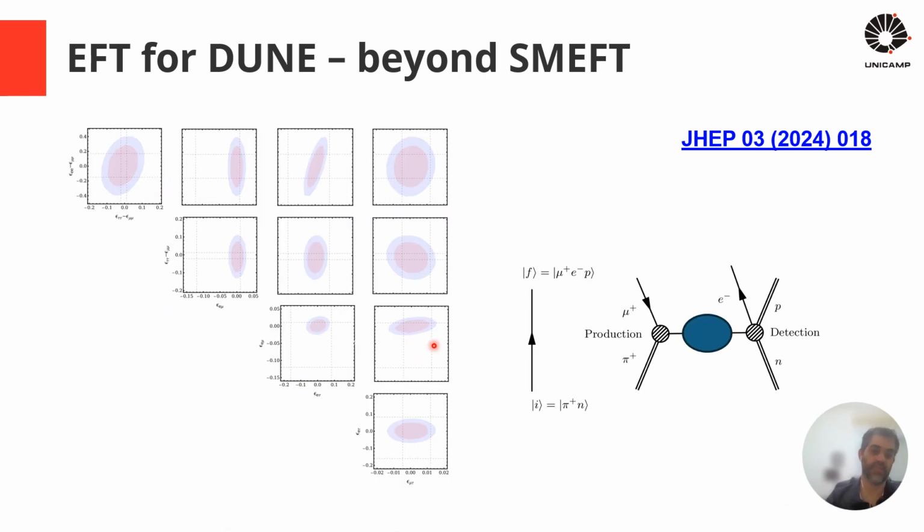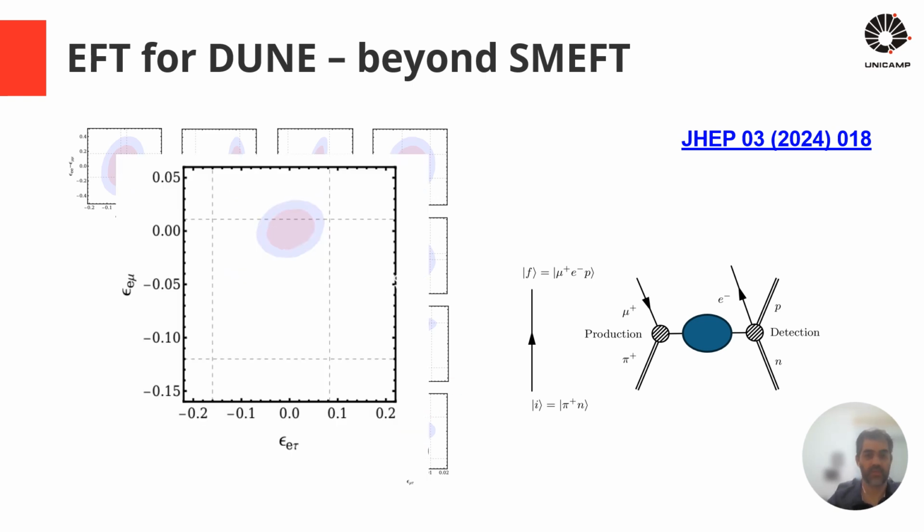So these are the results. These are for the propagation. For the propagation, one particularly interesting channel is this one, with epsilon e mu and epsilon e tau, where DUNE can provide a good constraint.